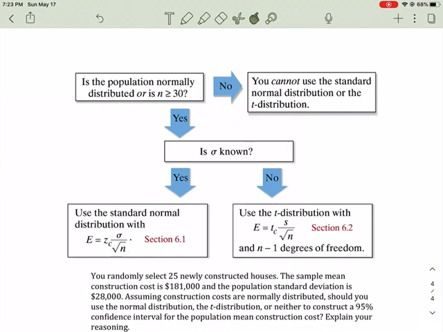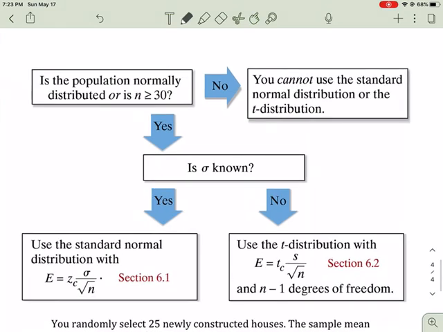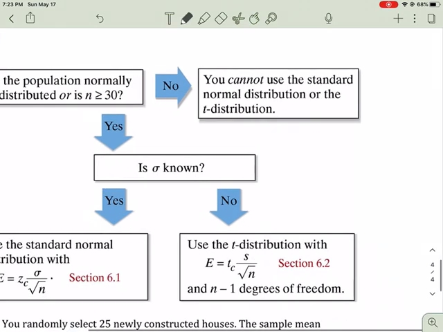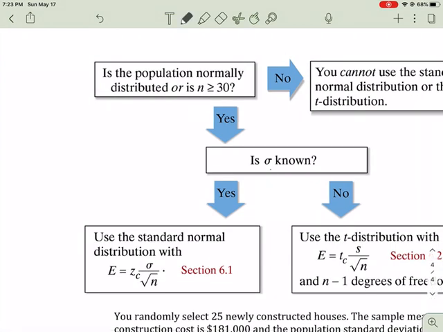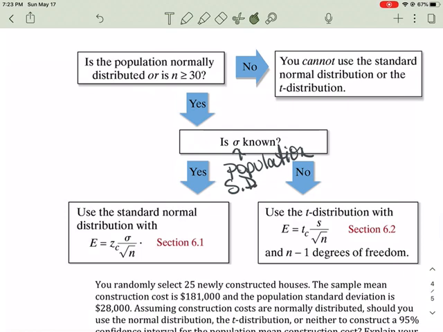The question is, is it a Z or is it a T? So, is sigma known? In other words, do we have the population standard deviation? If the answer is yes, then you're going to use the Z. If the answer is no, then you're going to use the T with the degrees of freedom.